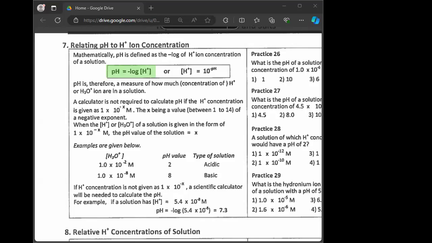Now the thing is that you do not need to know what a log is. A lot of people get tripped up by that, but there's a trick that we're going to go over.